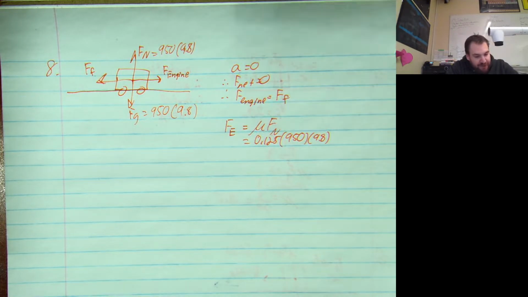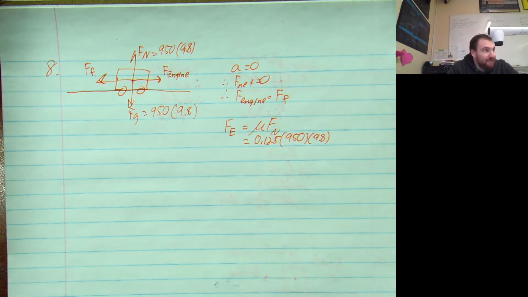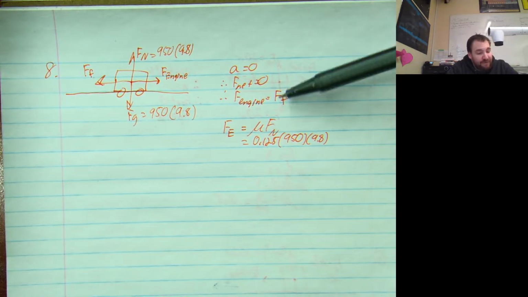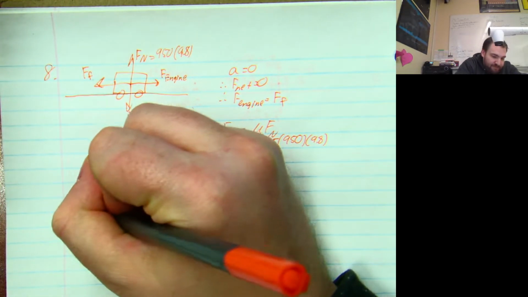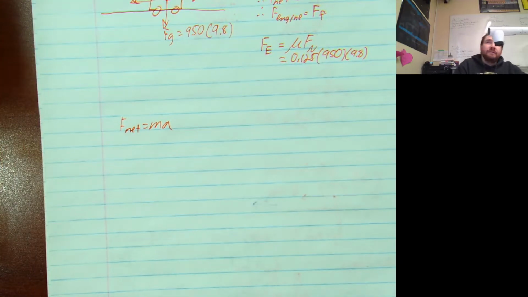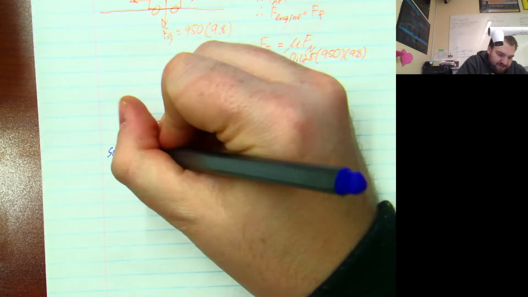This whole chapter is always going to start with F net equals ma. It might simplify it by saying constant velocity, which means there is no a, which means we're just balancing forces. But if there is an acceleration, then it's back to here. This guy right here, if I need to rehash, let's rehash.